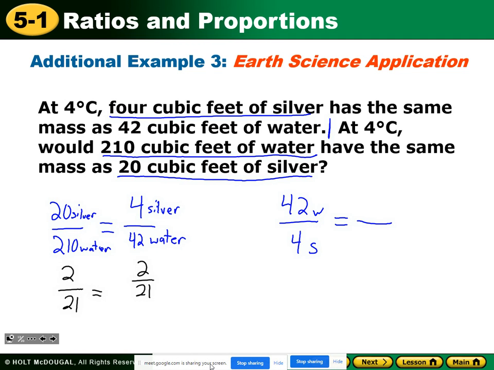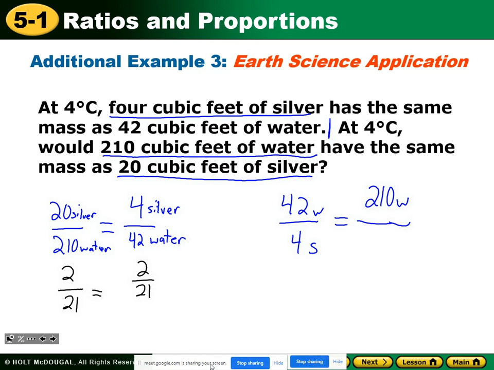No. So we've looked at the first sentence, you set this up. Now we look at the second sentence. From the second sentence, what number needs to go on top? 210. She picked 210 and I agree with her and I like what she did. Why does 210 have to go on top? Because it's water.